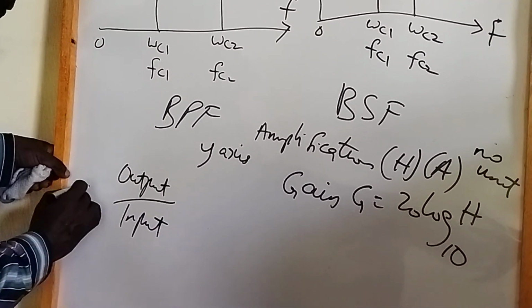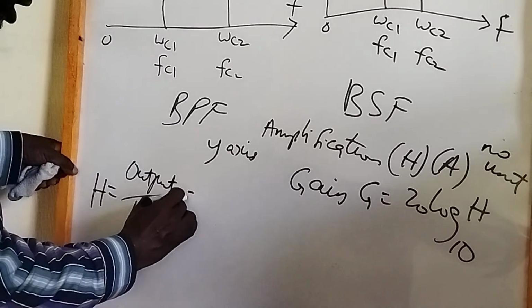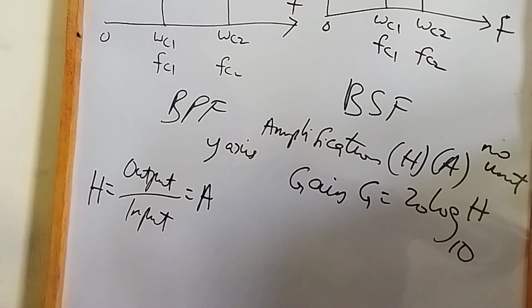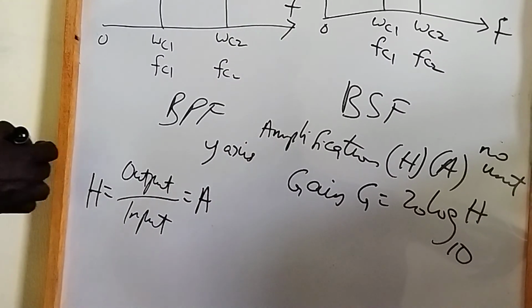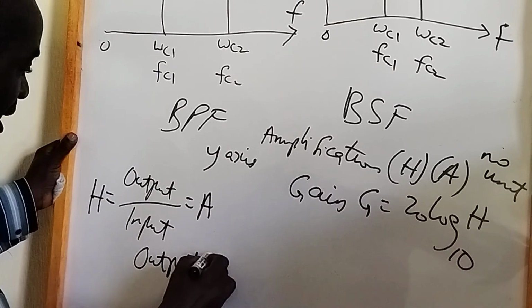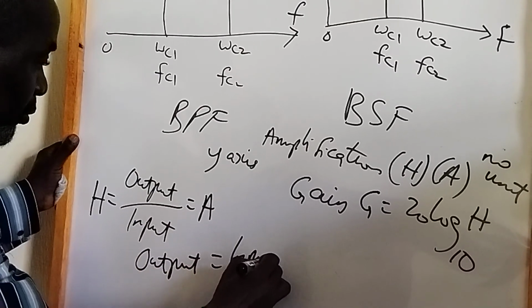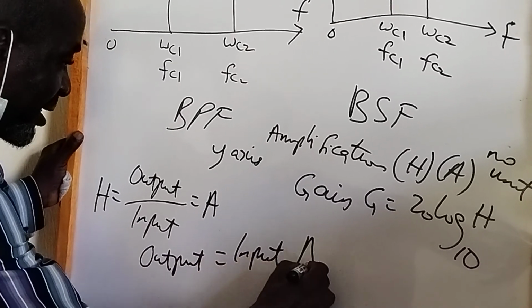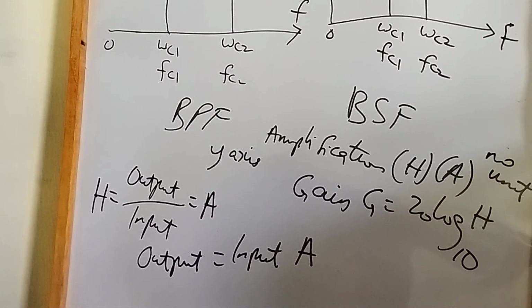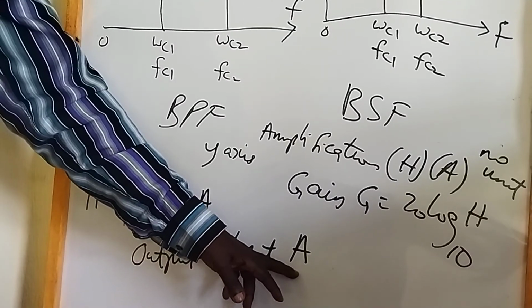You can refer to it as H. You can also refer to it as amplification, A. That means the output coming out is input multiplied by A. If it is the frequency we want to pass, we make A to be 1.